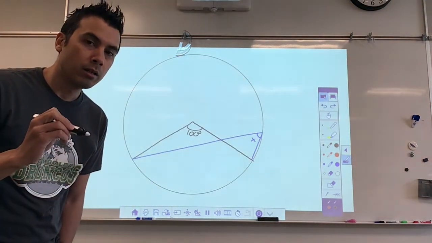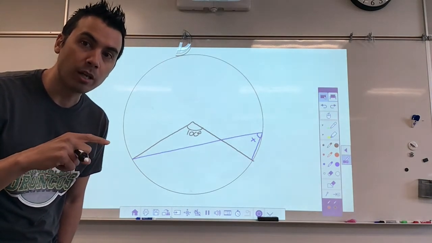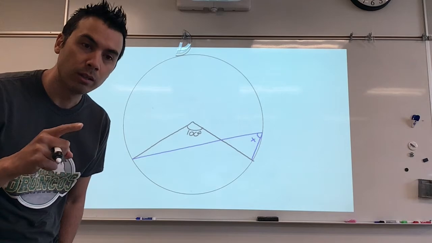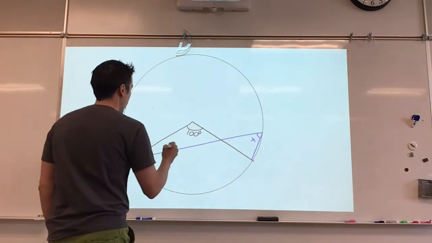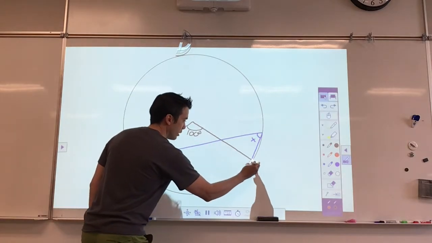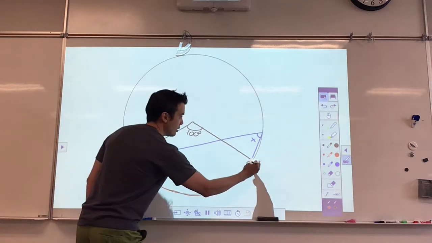And I just realized I forgot to tell you what an arc is. An arc is just a portion of a circle, a little bit of a curvy line. That's what an arc is. And so the arc that we're dealing with here is this portion of the circle, because I have these two endpoints.